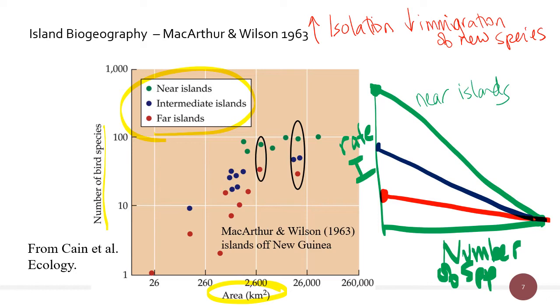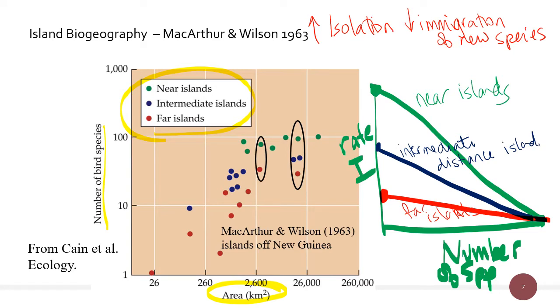The red ones at the bottom are far islands. And then the blue one in the middle is sort of a middle distance island, or an intermediate distance island.